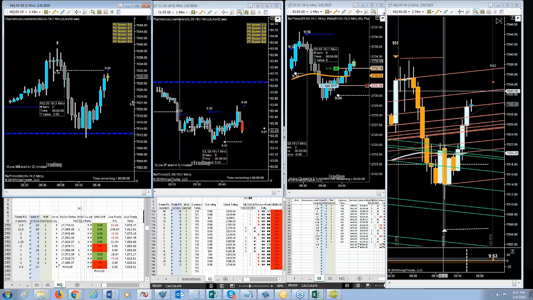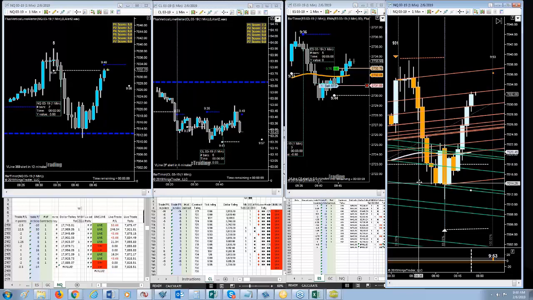Next stop for the NQ is up here at that red line, and then Joe, the next target would be up here. Ooh, I'm missing one. But Joe, do you remember how I said the previous signal's line becomes a target for the current signal?